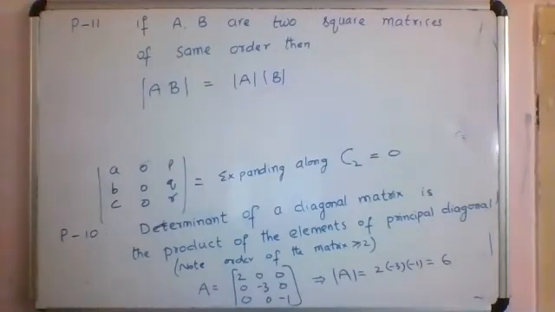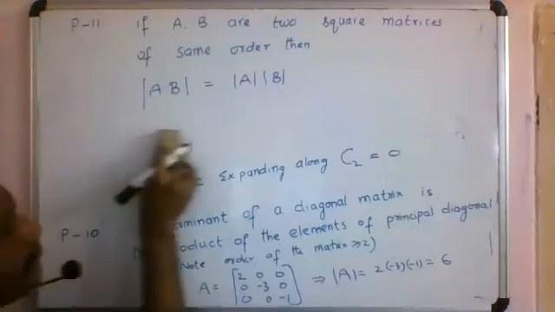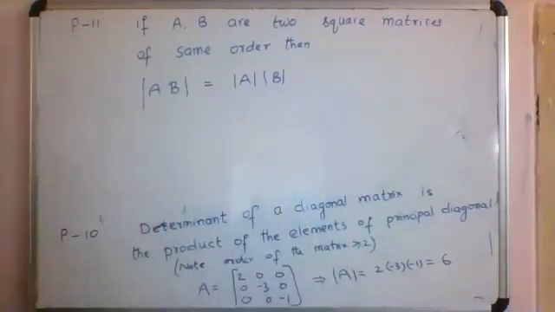Determinant of AB is equal to determinant of A into determinant of B. That also you can observe easily.